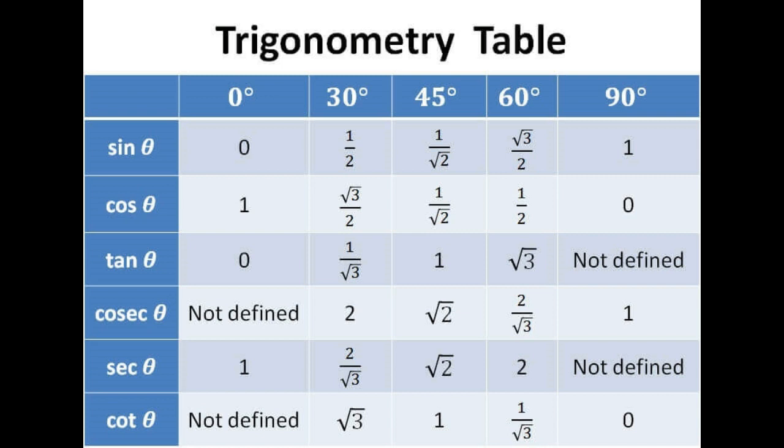I'm just sitting and saying that cot 45 is 1. And if somebody asks you what is the value of tan 60, then you will say tan 60 is root 3 without seeing and without remembering, I mean without thinking about it, right?